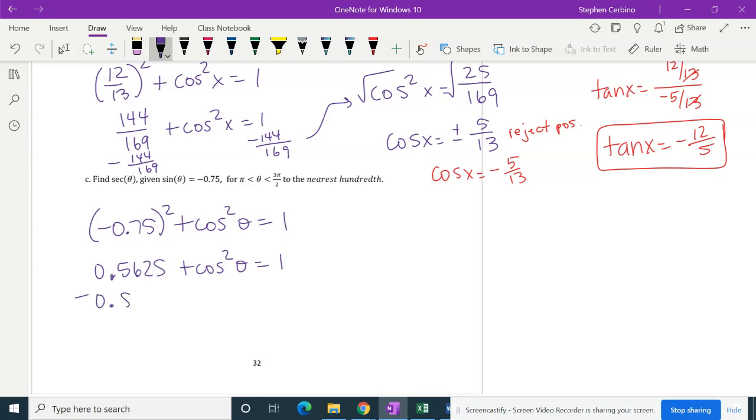If I move that to the other side, it's just algebra. That's all we're really doing here today. Whatever that comes out to be, 0.4375. Square root it.